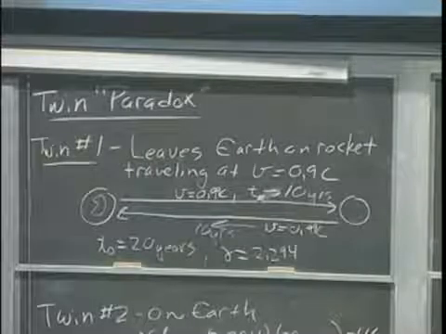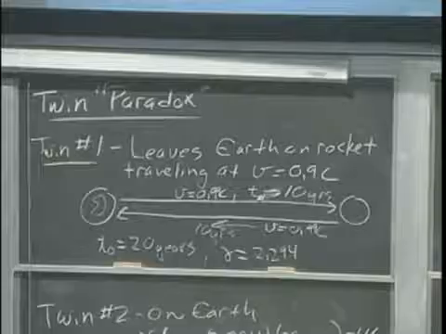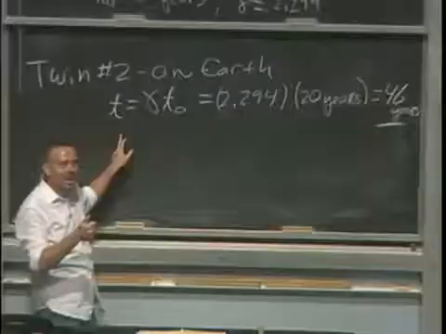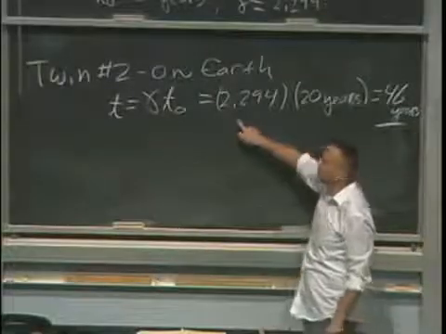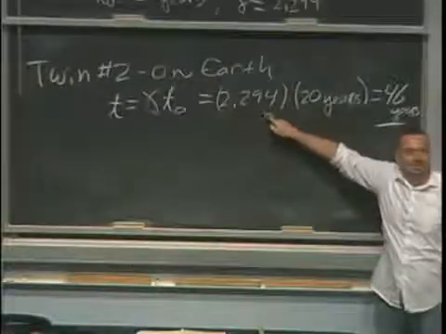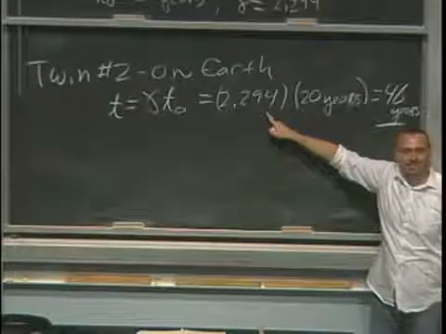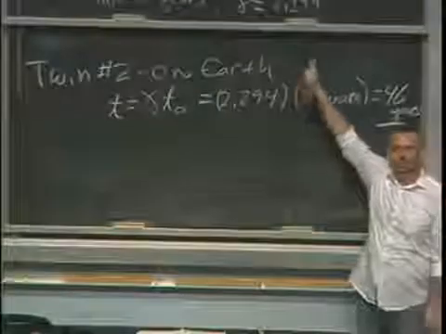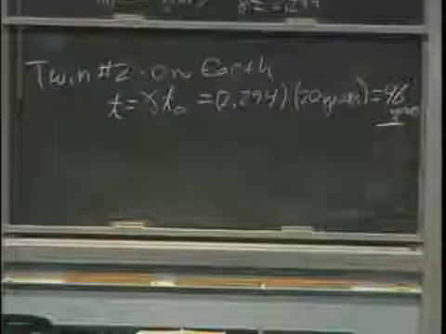And why would one of them be any older than the other one when they return? It seems like a paradox, but it's not. And the reason is that twin number 2 has never changed their frame of reference. Time has been passing regularly for them, and they've never gone from frame of reference to frame of reference. Twin number 1, however, has changed their frame of reference several times, right?